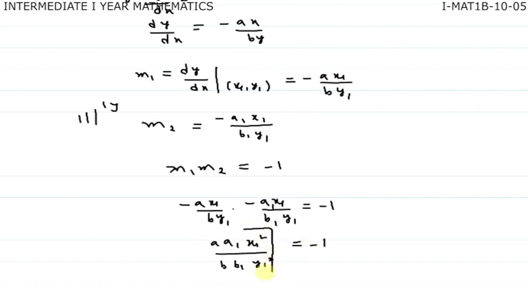Now substitute x1 square by y1 square value from 3.